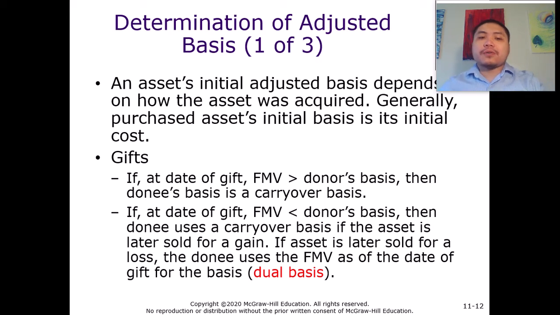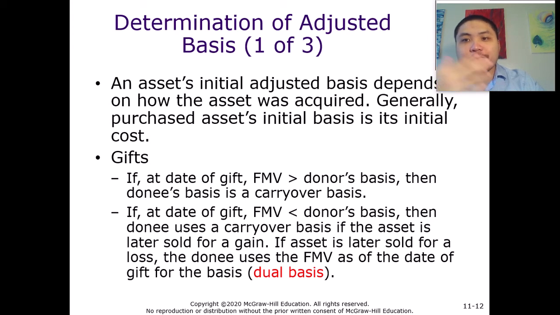So let's talk about how we are going to figure out the adjusted basis for these cases. Because for example, in the case of a gift, we don't know the initial cost, because the taxpayer doesn't spend any money to acquire the property. So how are we going to be able to calculate the adjusted basis?